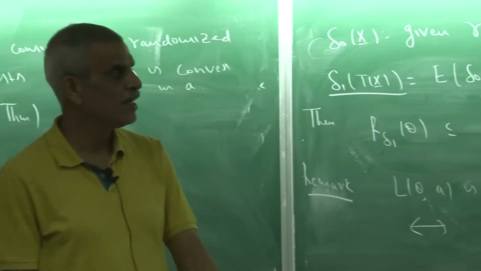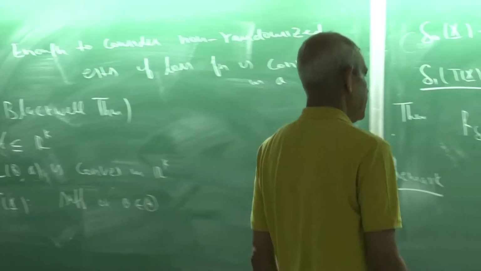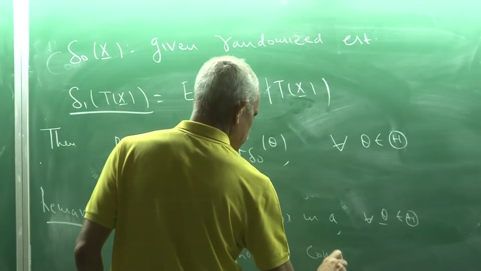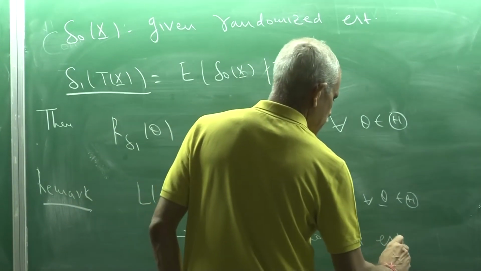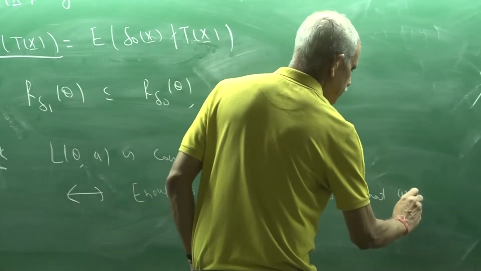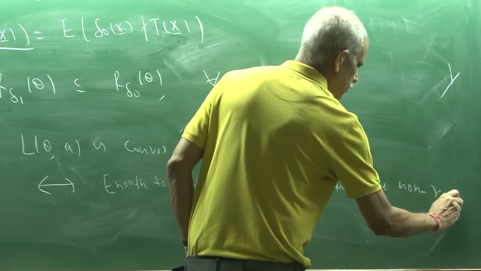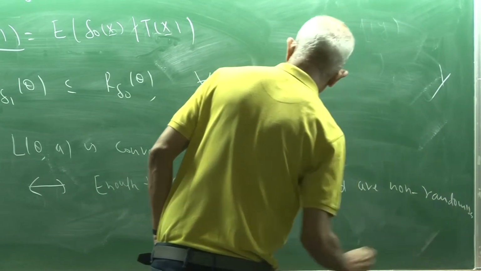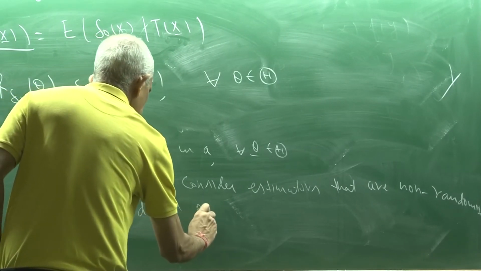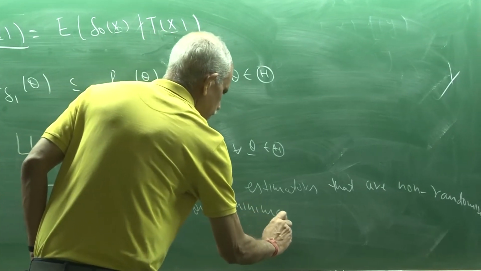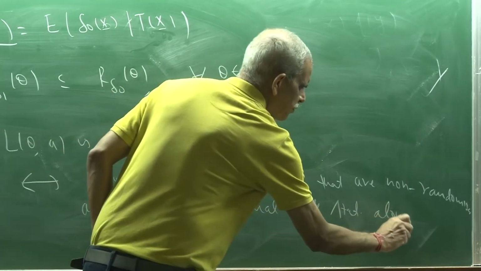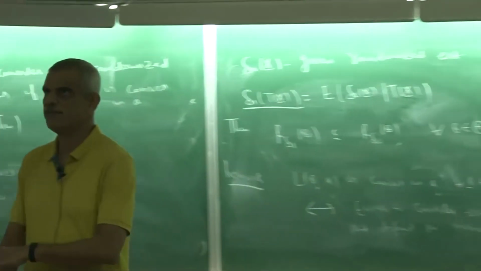So if you combine the two results, it says it is enough to consider estimators that are non-randomized and depend on the minimal sufficient statistic. Why minimal sufficient? Because minimal sufficient statistics are the ones which give you the maximum reduction in data.